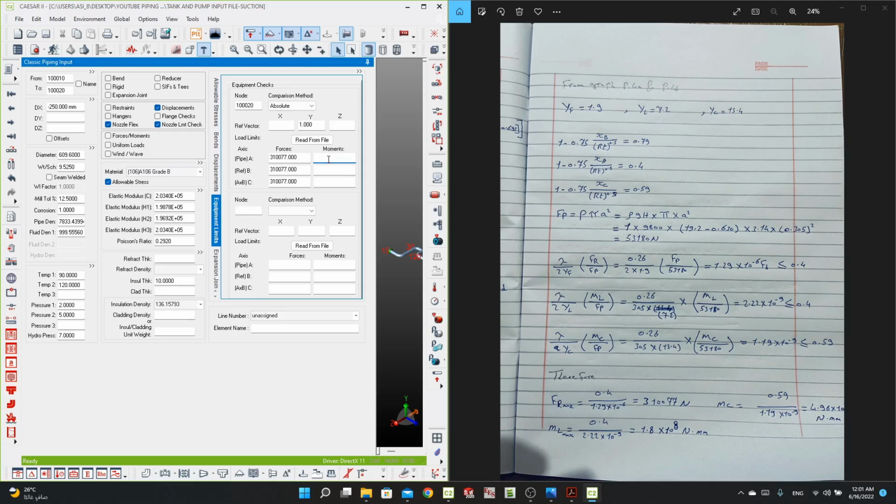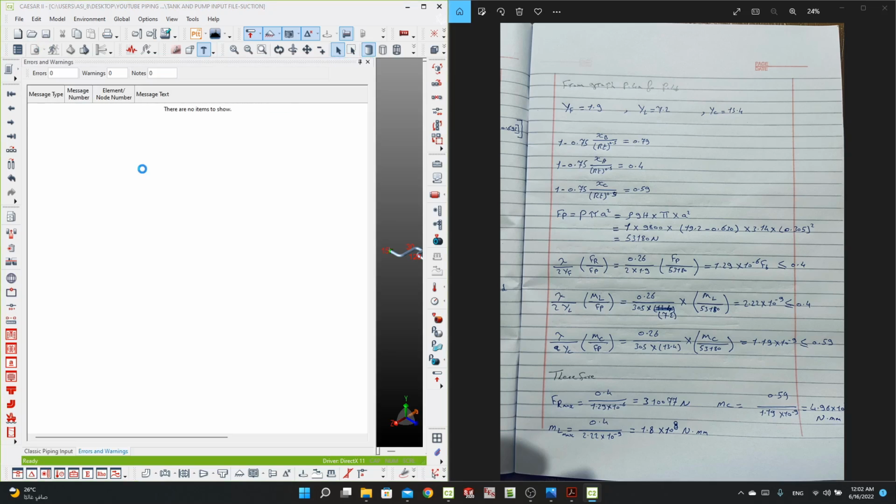Also, we don't need the torsional moment here, but we just fill it up. It's here times 8.